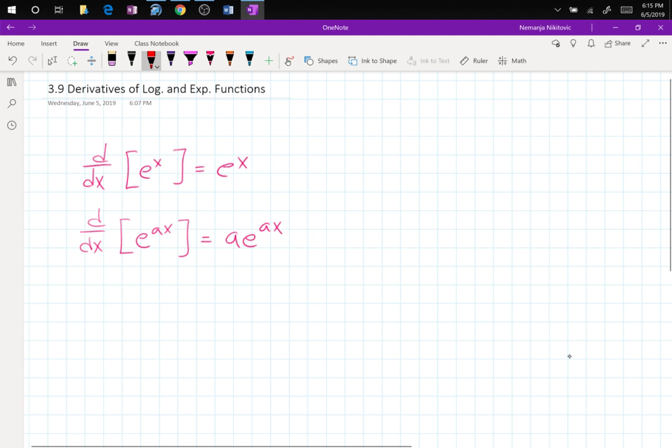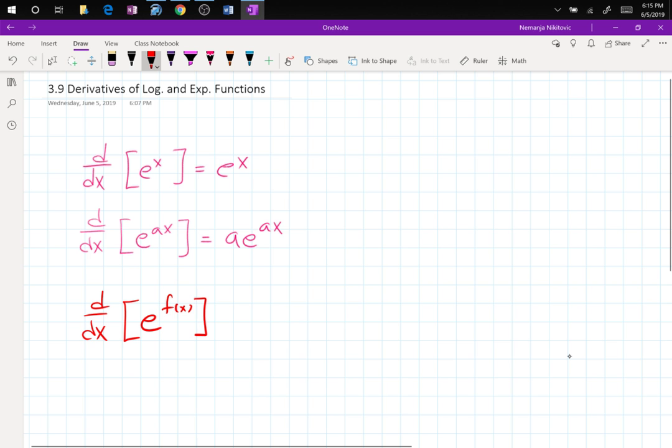The first step, and the one that is used most of the time, is the derivative of e to f of x. So the derivative of e to some function. Say you have e to the sine x, or e to the x squared plus 1, or e to the 5 tangent x. So you can have any function in the exponent.